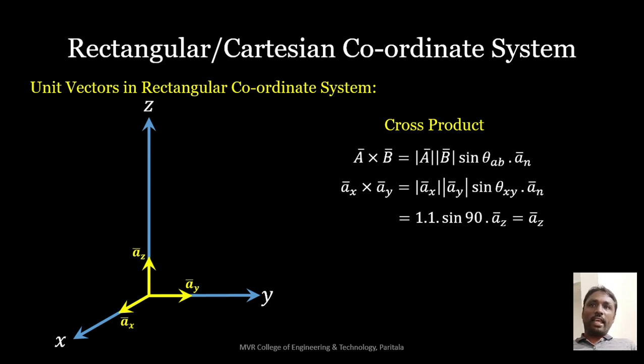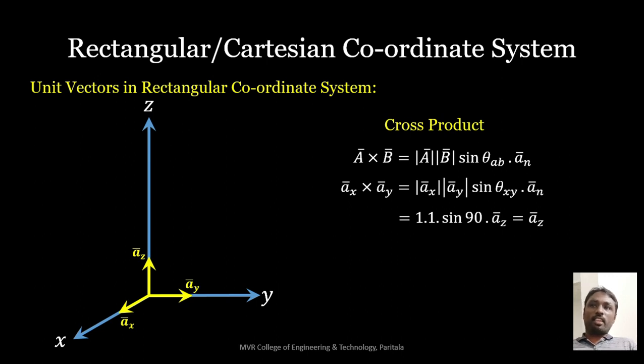The angle between x and y is 90, so sin 90 is equal to 1. Now we need to identify a n cap. How can you identify a n cap? Here you are making the angle from x to y, so you are rotating from x to y. What do we have to take?